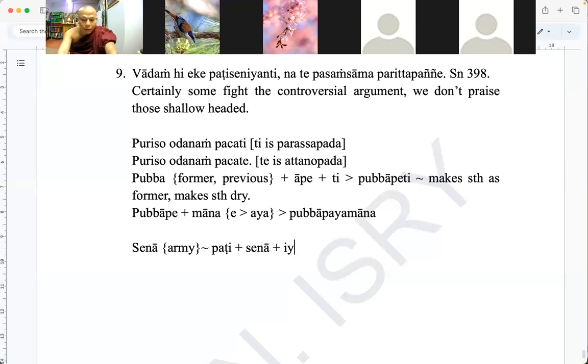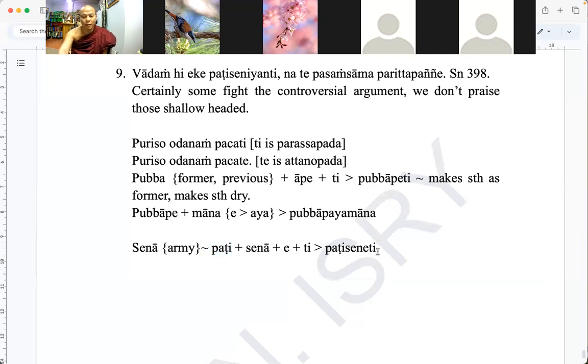But actually instead of the iya, the denominative suffix a. So and the t. So you can find this part, Badi seneti, in the dictionary. That means Sena is army, and Badi means against. So making army against somebody, that means to fight or sending the army to fight someone.